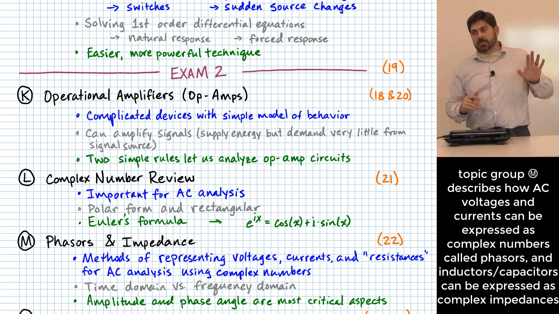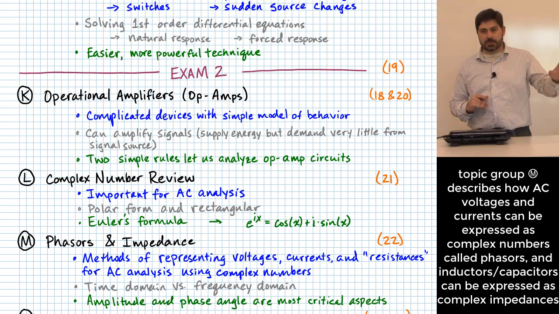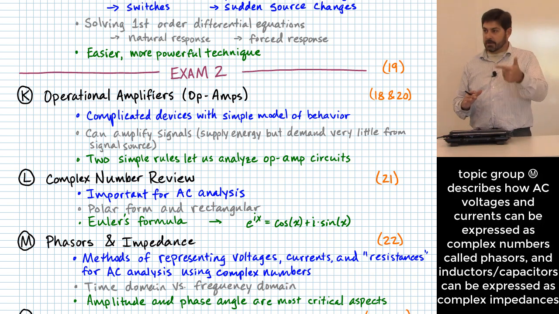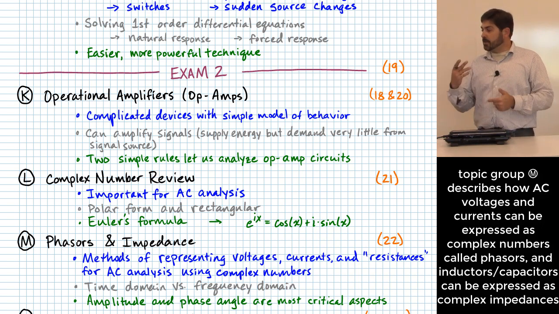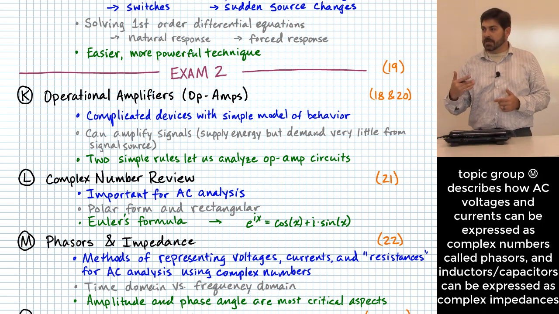Simultaneously, it's possible for us to take our passive elements in a circuit. Resistors, we already knew how to deal with resistors, so that's not really what I'm talking about, even though it is a passive element. The other passive elements that are in circuits are inductors and capacitors. Inductors and capacitors can also be represented with things that are called complex impedances.